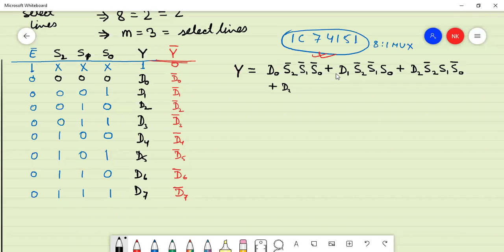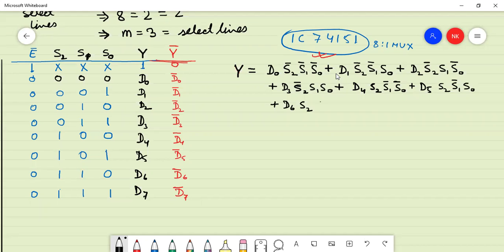Again, for D3, we will have S2 bar, S1, S0, plus for D4, S2, S1 bar, S0 bar, plus D5, S2, S1 bar, S0, plus D6, S2, S1, S0 bar, sorry, not S1 bar, it should be S2, S1, S0 bar, plus D7, we will have S2, S1 and S0.